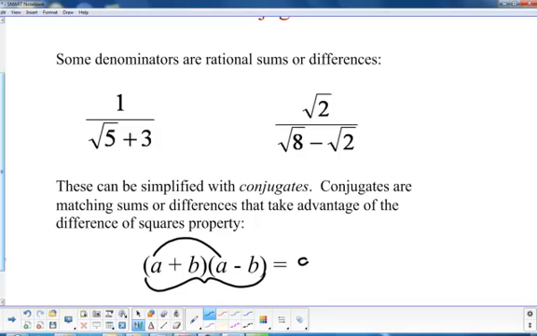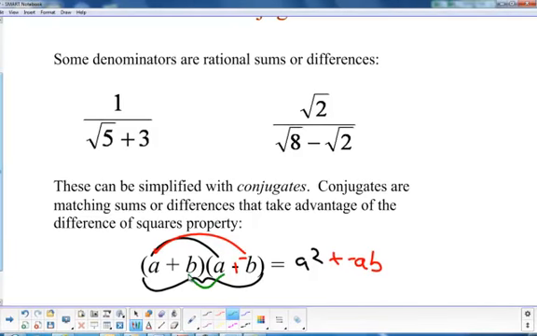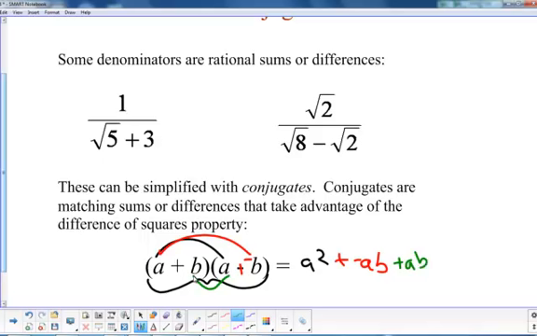This gives us a squared plus, that's a negative ab because of this, positive ab, and then we have our negative b squared. The middle two terms, when you have the difference of perfect squares, is always going to equal 0. So this simplifies to that.